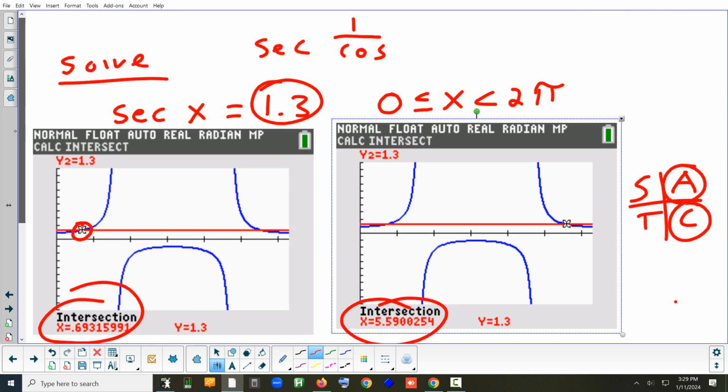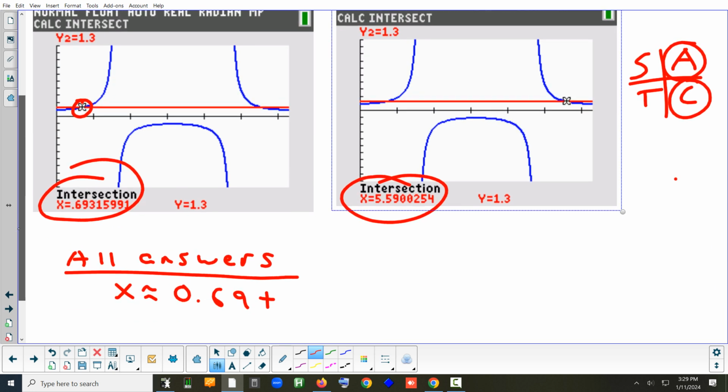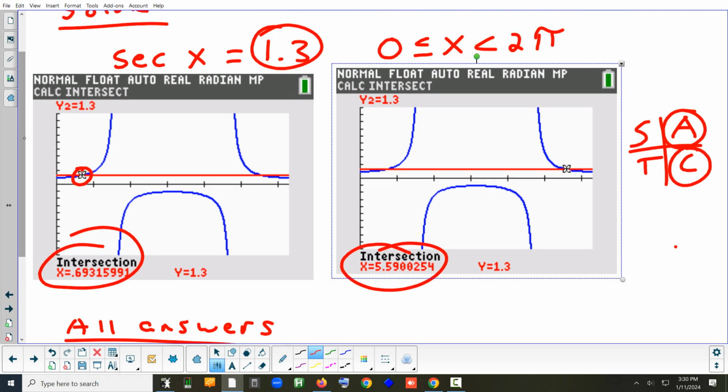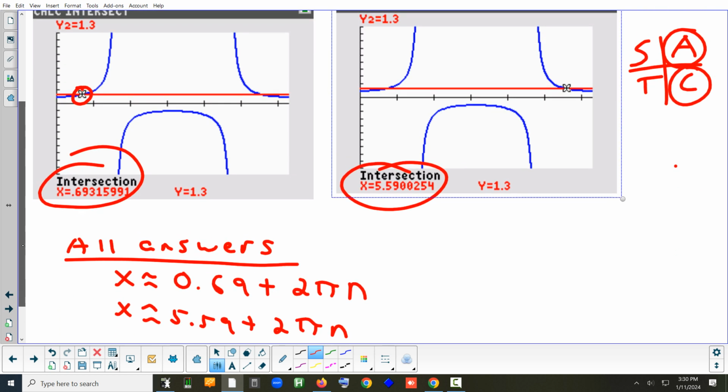What's the period of secant? 2 pi. Yeah, they are all 2 pi except tangent and cotangent. So what do you put on the end? 2 pi times n. Yep. And the same thing for the other one. It's just a matter of whether they ask for all answers or just answers in a certain window.